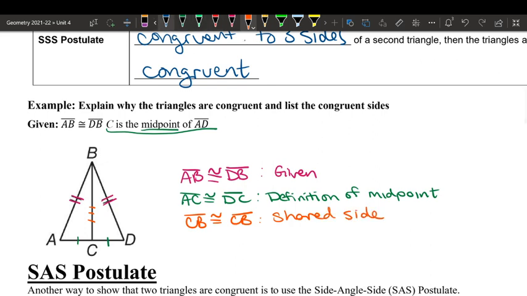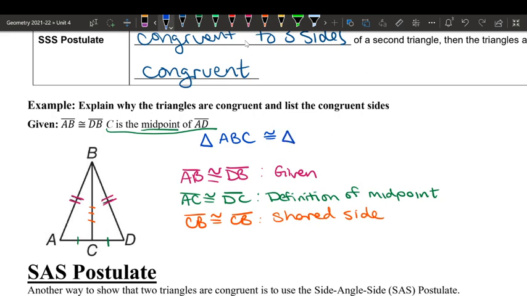All right, so I'm going to go ahead and write a statement that triangle ABC is congruent to... Remember, when you write a congruency statement, it doesn't matter what order you put the first set of letters in, as long as your second set matches it.